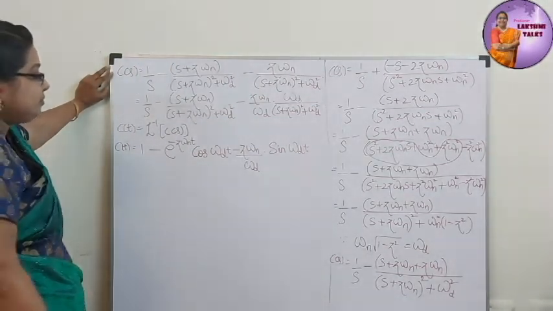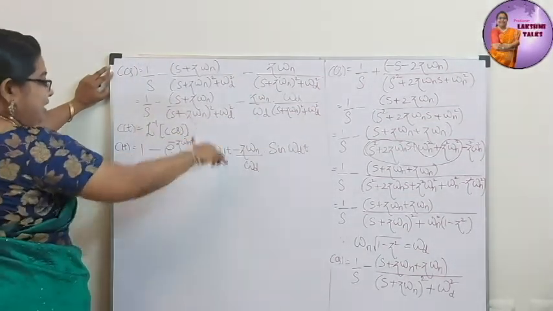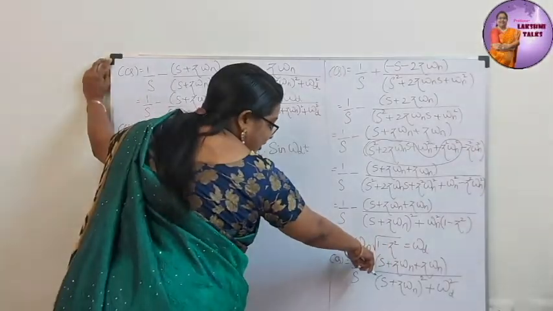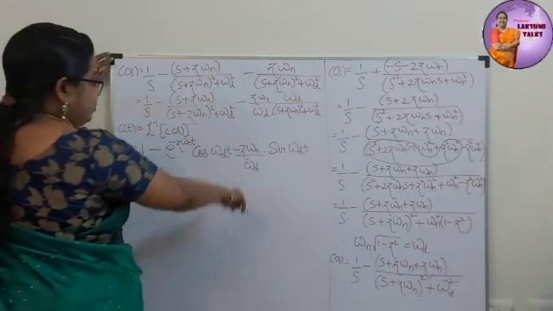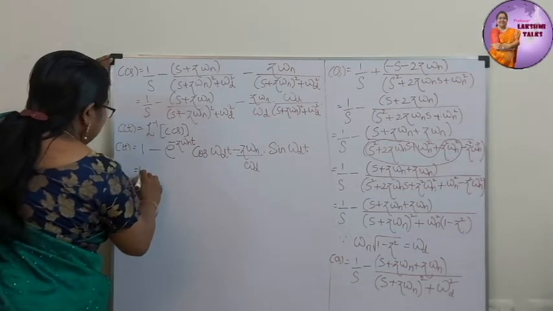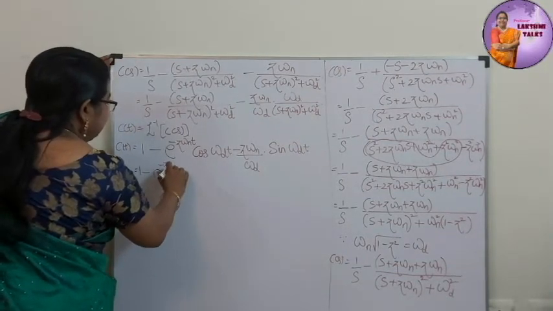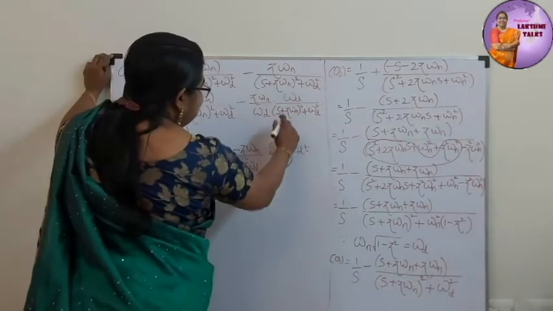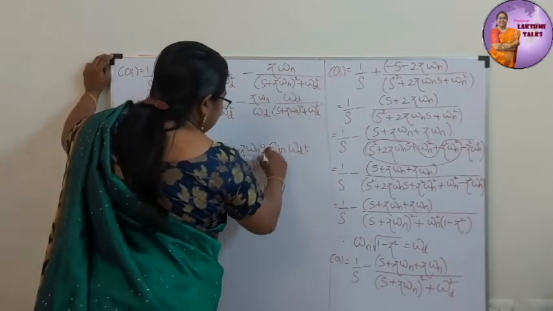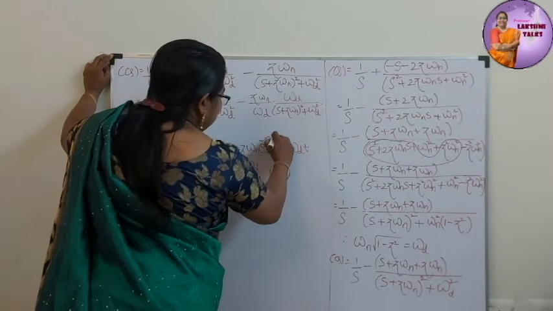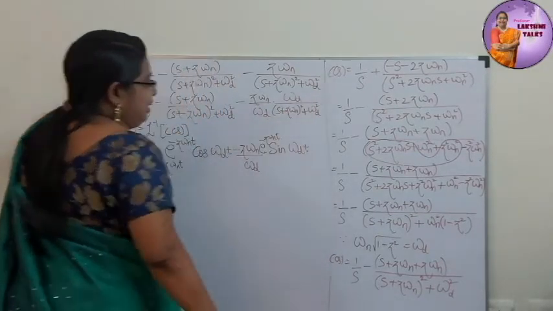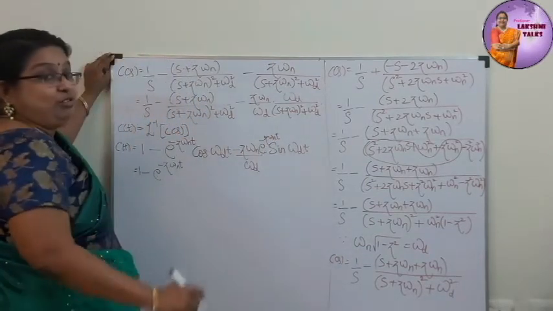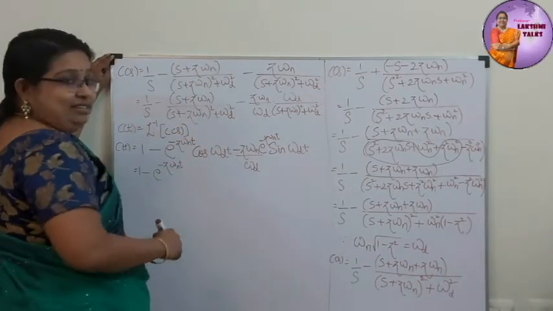Now we can rearrange this. We know omega d is nothing but omega n root of 1 minus zeta square, so we can substitute it there. 1 minus e power minus zeta omega n t. Sorry, here also you have this e power minus zeta omega n t, I have left it out, because we have this term. So we have to be very careful when writing the expressions.